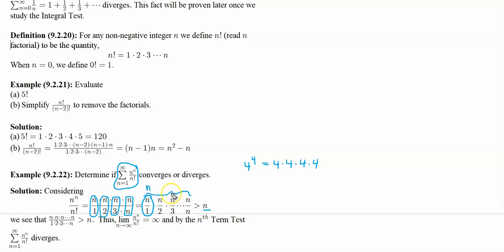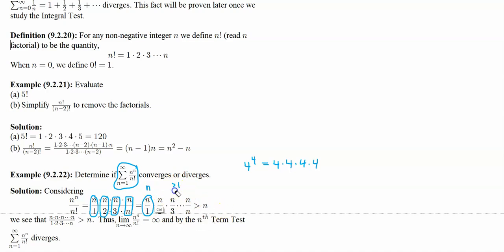That term right there is n, of course. And all of these numbers are bigger than or equal to 1, and they're all being multiplied against each other. So if you take a bunch of numbers and they're all bigger than or equal to 1, and you multiply them against each other, you're going to get a number bigger than or equal to 1. So of course this quantity is bigger than n.